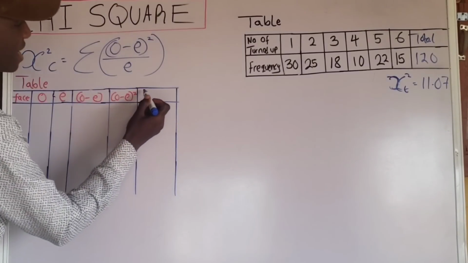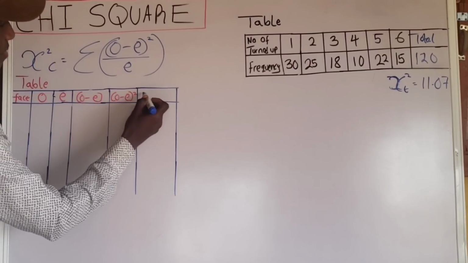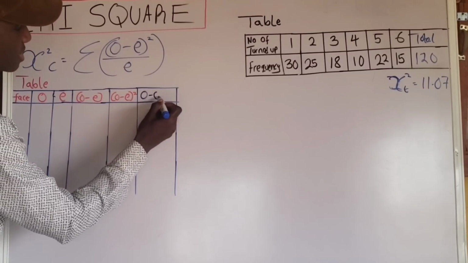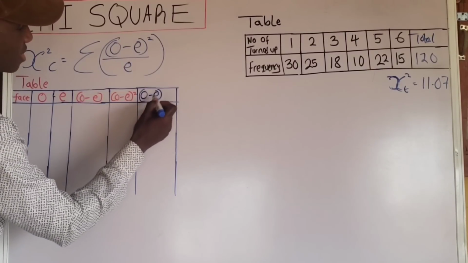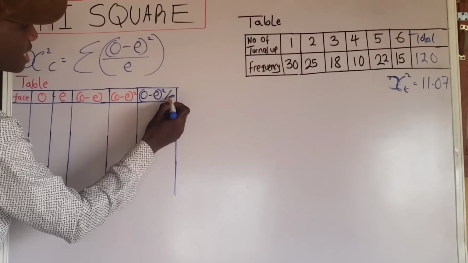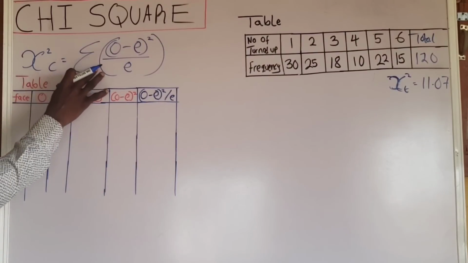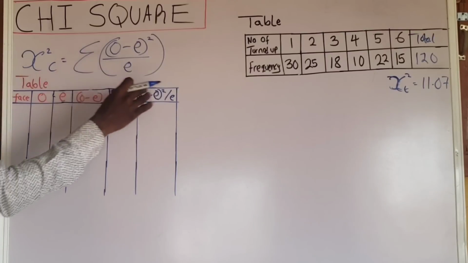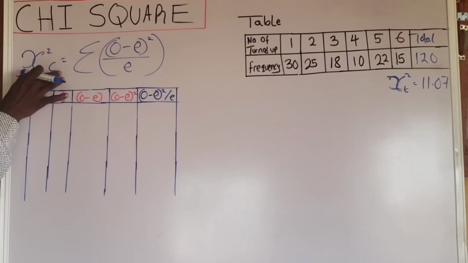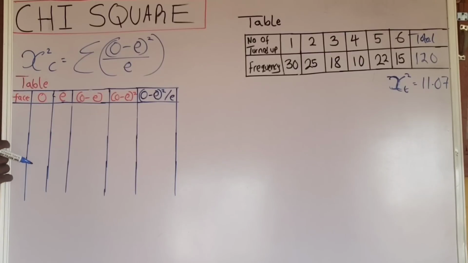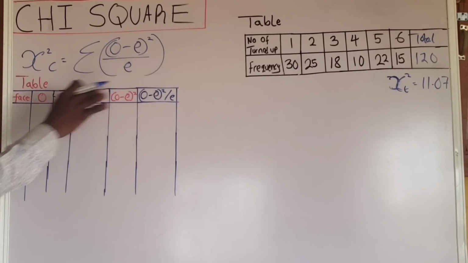Okay, so here we stand for observed minus expected squared all over expected. You understand? Because according to this formula, I need the summation of this to get the calculated chi-squared. So this formula tells me what I'm going to have on this table.